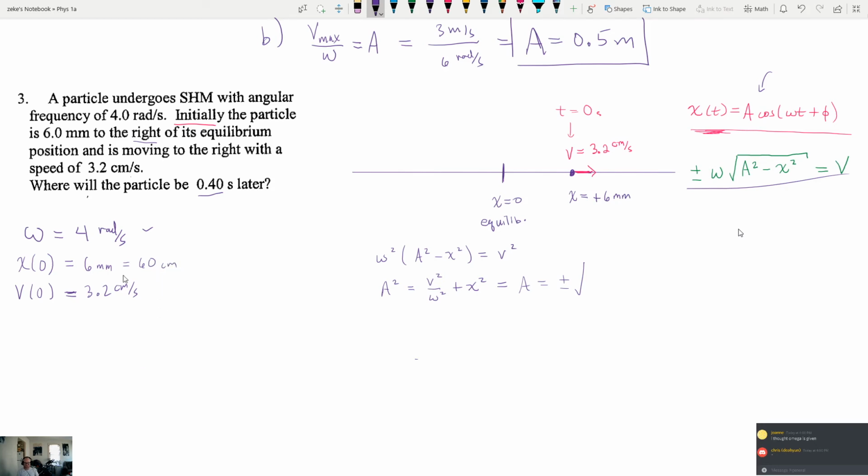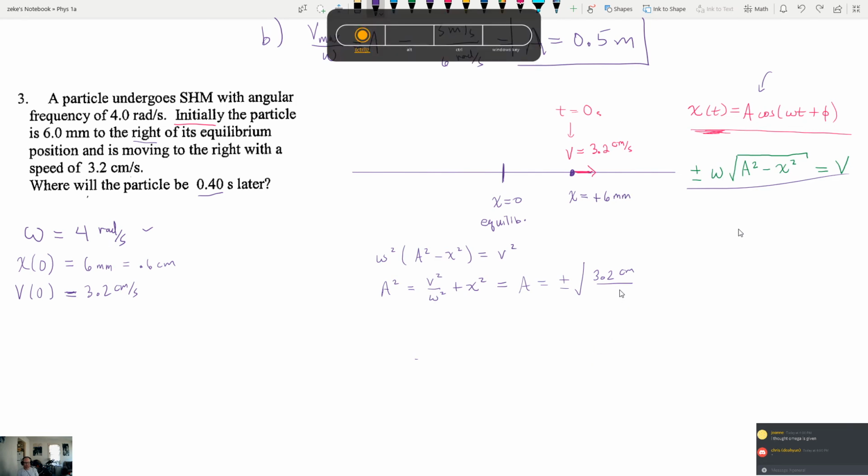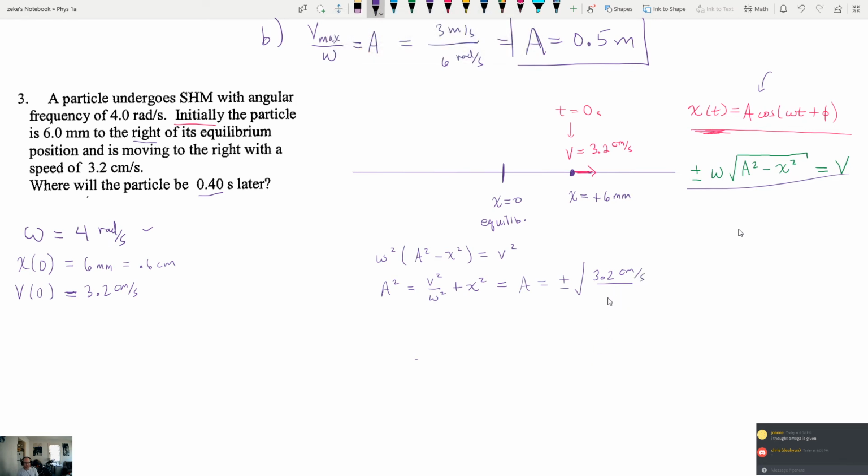So this will be 6 millimeters. Maybe it makes more sense to use millimeters. 6 millimeters would be 0.6 centimeters, right? Okay. So v is 3.2 cm per second, divided by omega, which is 4 radians per second.